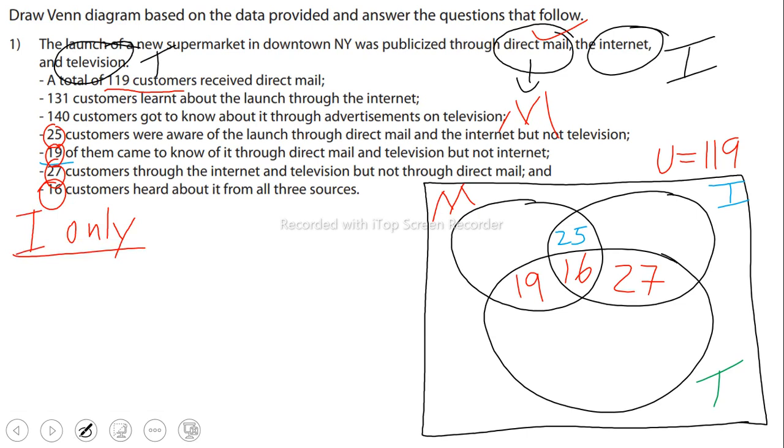All of internet is supposed to be 131, right? Yes, sir. So we know that all for internet is going to be 131. But we only want I only, this part, right? So we have to subtract the rest of these from 131: the 25, the 16, and the 27.